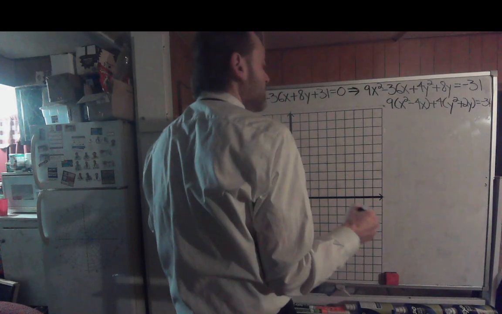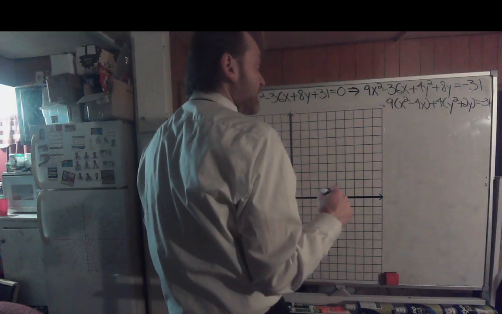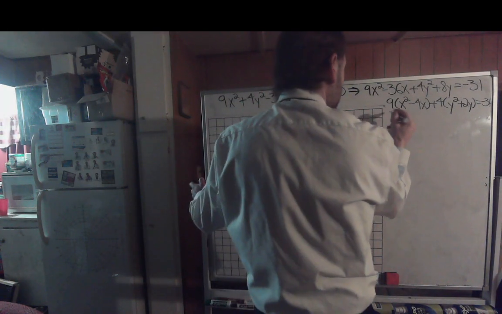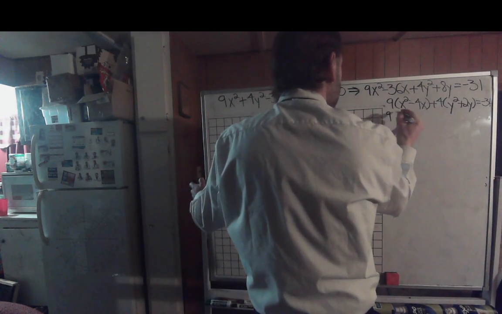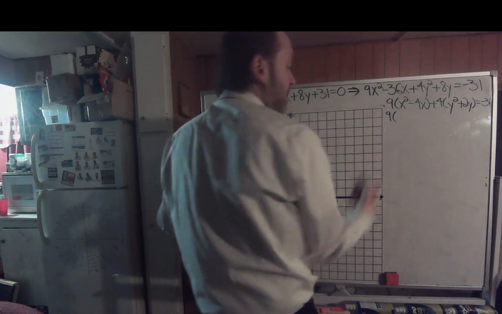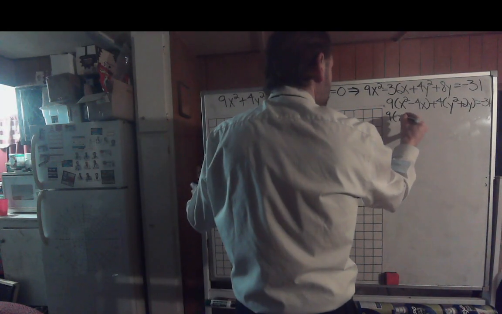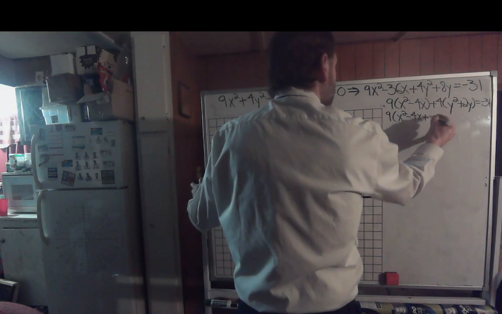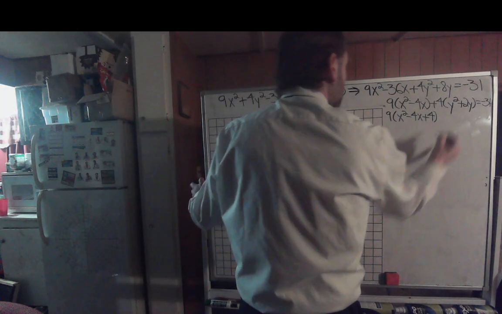All right. At this point, then, we want to complete the square with our variables. So leave 9 outside of the parentheses here. So complete the square on x squared minus 4x. So x squared minus 4x plus 4 is what that would be.